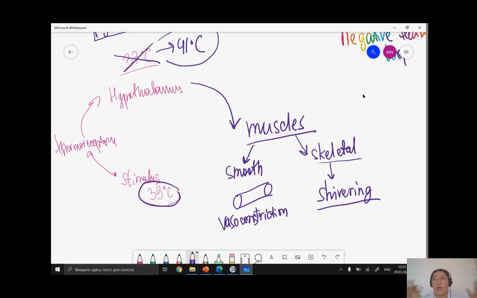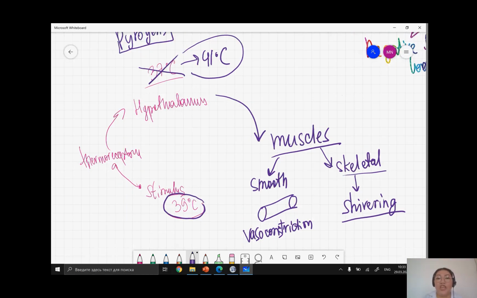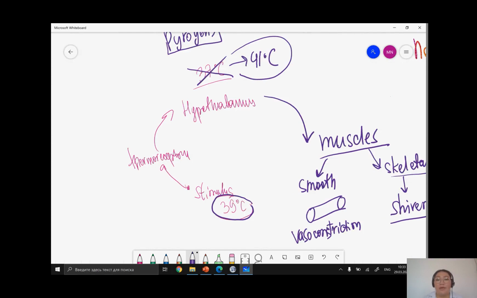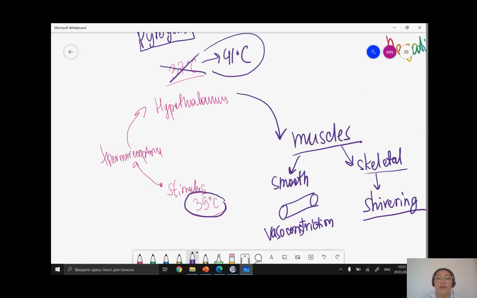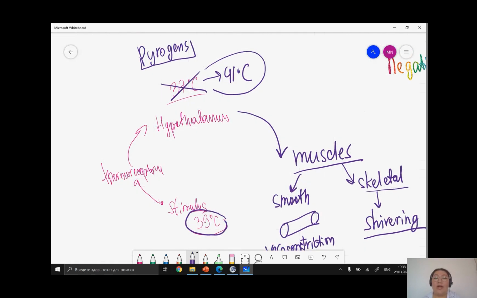Of course, there are a lot of reactions, but this one is just the changed negative feedback out of the hypothalamus, our control center, because the pyrogens act on the hypothalamus.